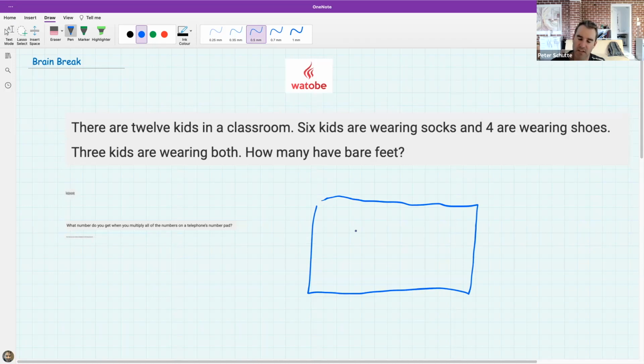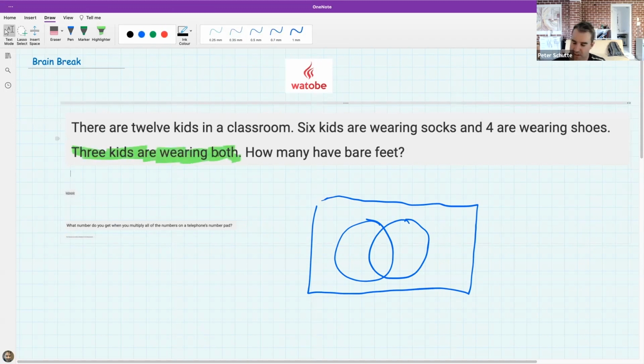Draw one of these and then draw this situation. Because I want you to think about that and think about what we learned about previously.